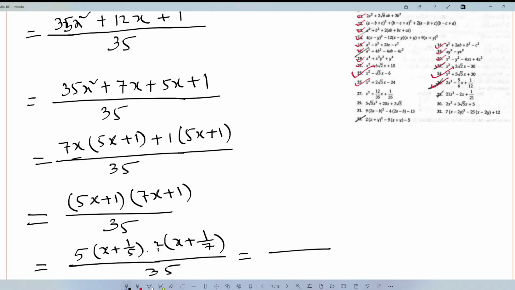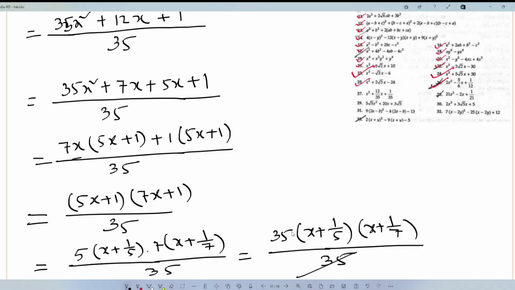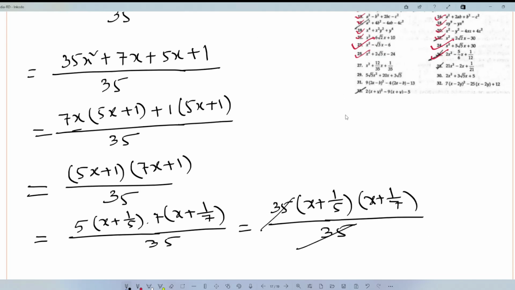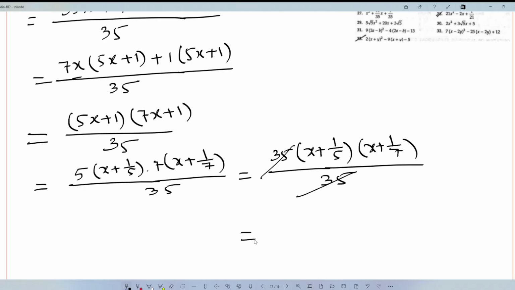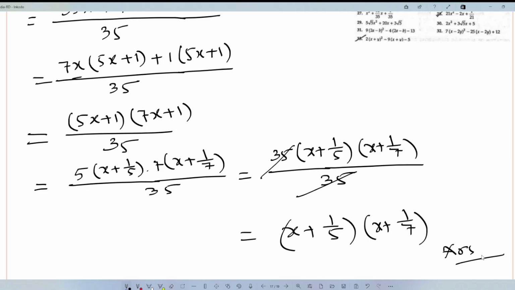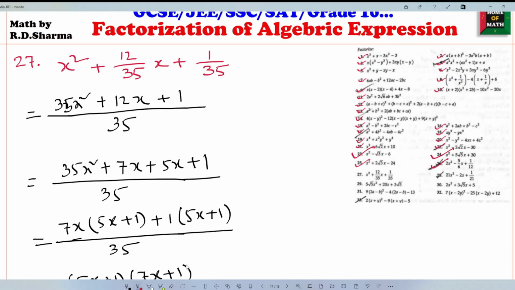So 5 times 7 means 35, then (x + 1/5)(x + 1/7) divided by 35. So 35 goes out, and our answer is (x + 1/5)(x + 1/7). Done. So number 27 is done.